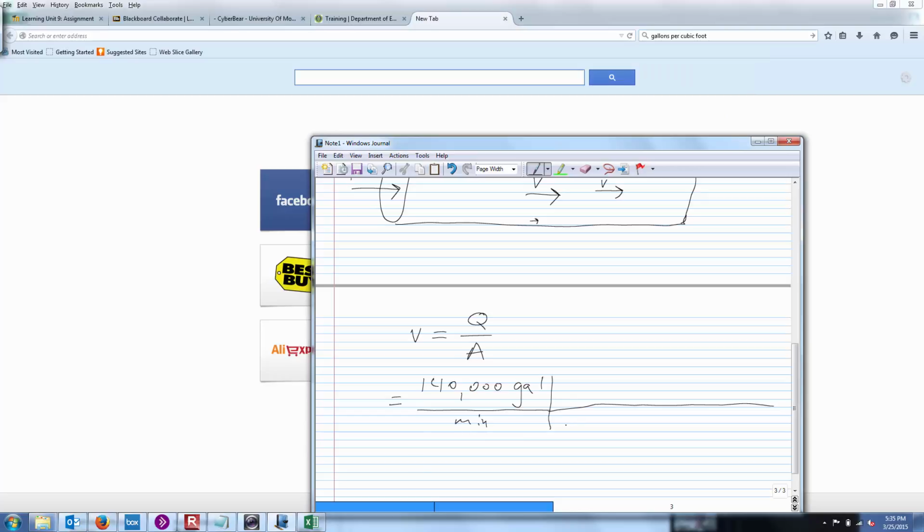So there are 7.48 gallons in 1 cubic foot. So far so good. Gallons are going to cancel.